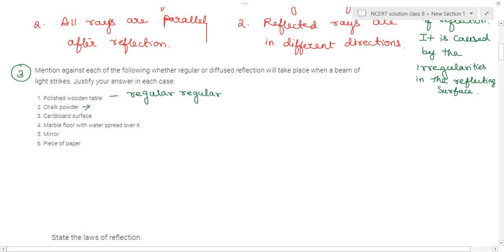Chalk powder will have diffuse reflection because it is not that even. So it is diffused reflection. A cardboard is also not a very smooth surface, so here also irregular or diffused reflection.